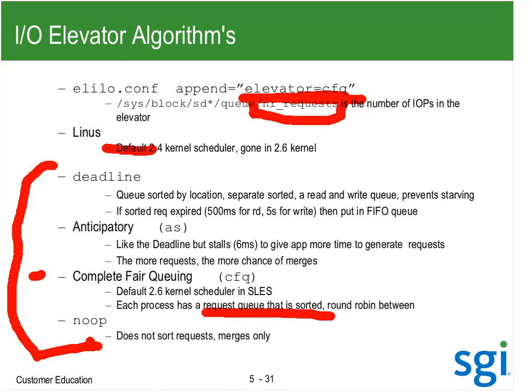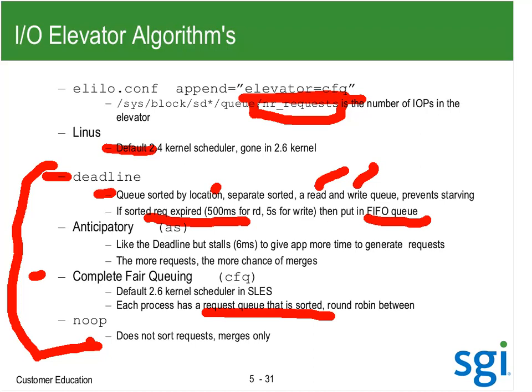Another one here called deadline. The queue is sorted by location, but we have a separate sort between the reads and the writes. And there is a third queue here that if it has expired, it's put into a FIFO queue. Now, I have not been able to find in the kernel where these numbers, 500 milliseconds and 5 seconds, come from.